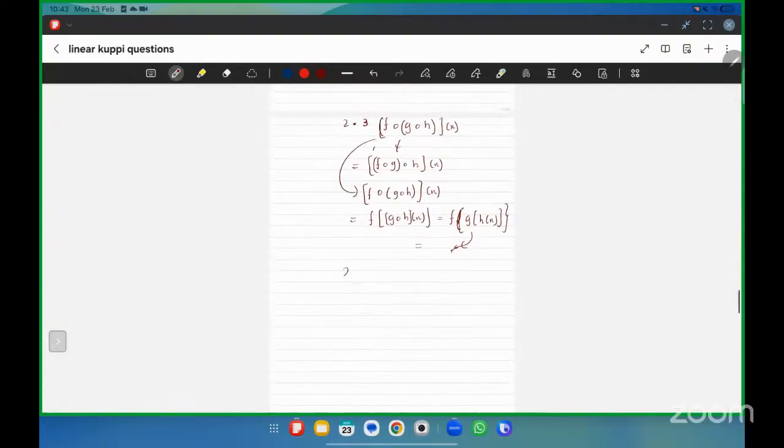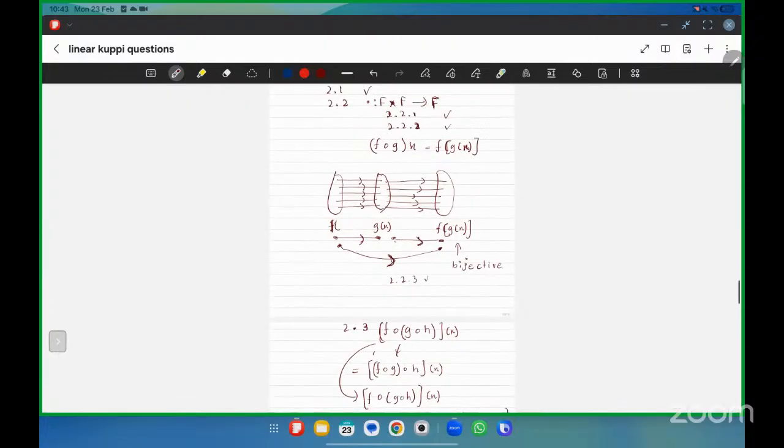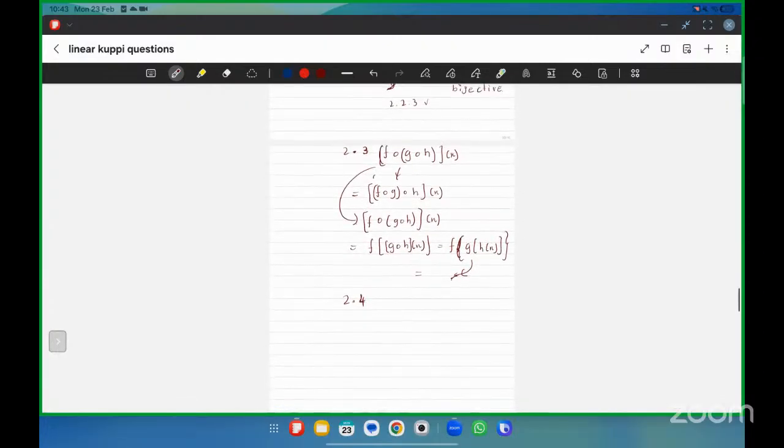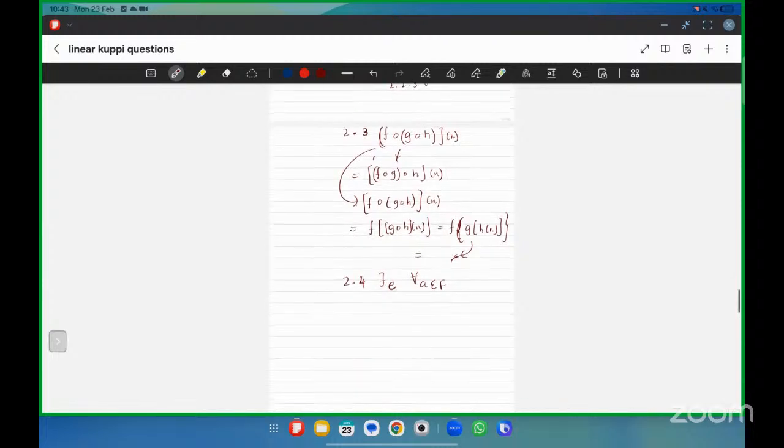And now 2.4 is there should be one identity element for all in the set. And the identity element here is, so here the identity element is equal to x.